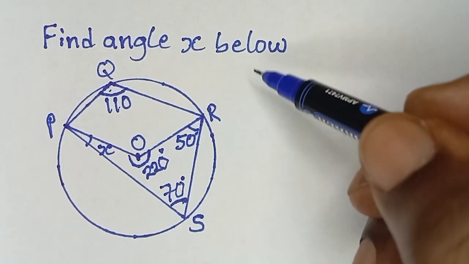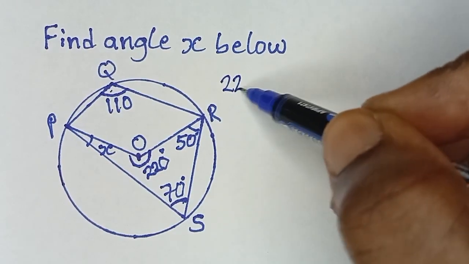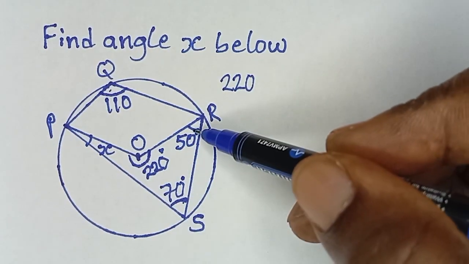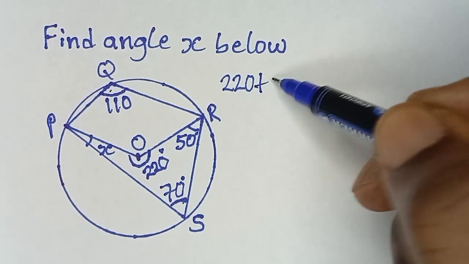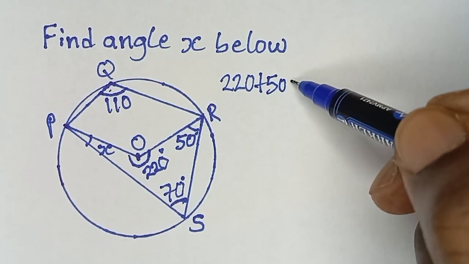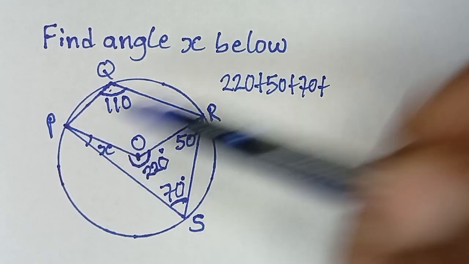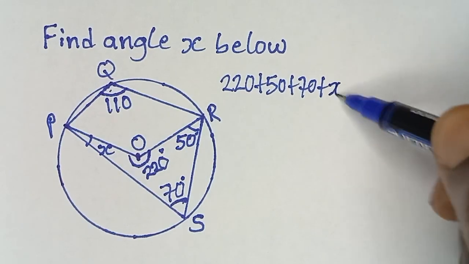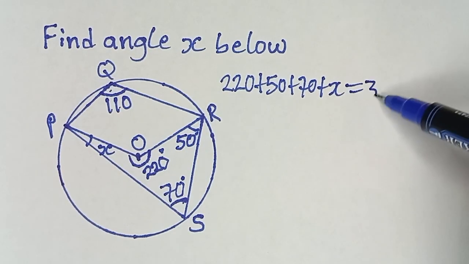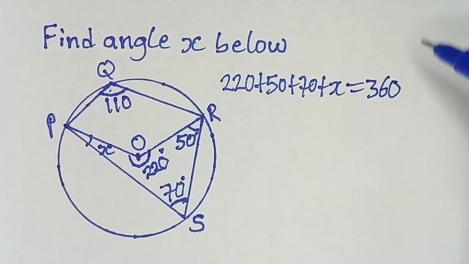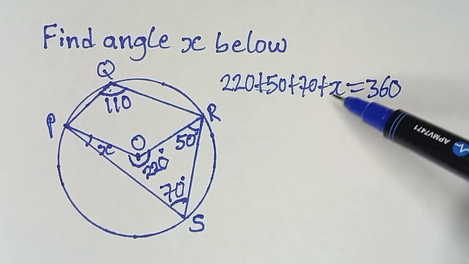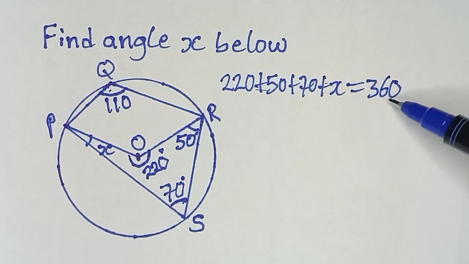So I can say 220, which is this angle here, plus 50 plus 70, plus the last angle, which is X, inside the quadrilateral, is equal to 360. Because the sum of angles in a quadrilateral, a 4-sided figure, is equal to 360 degrees.